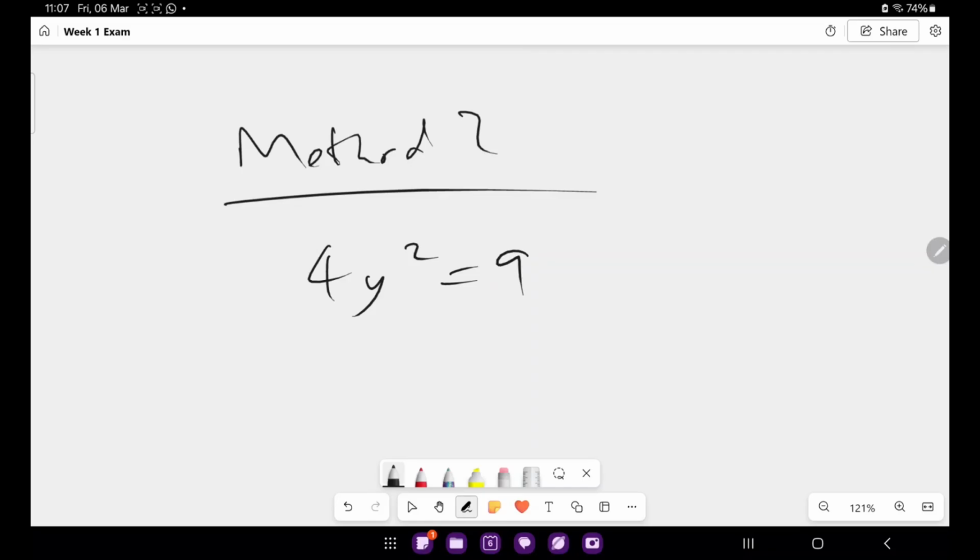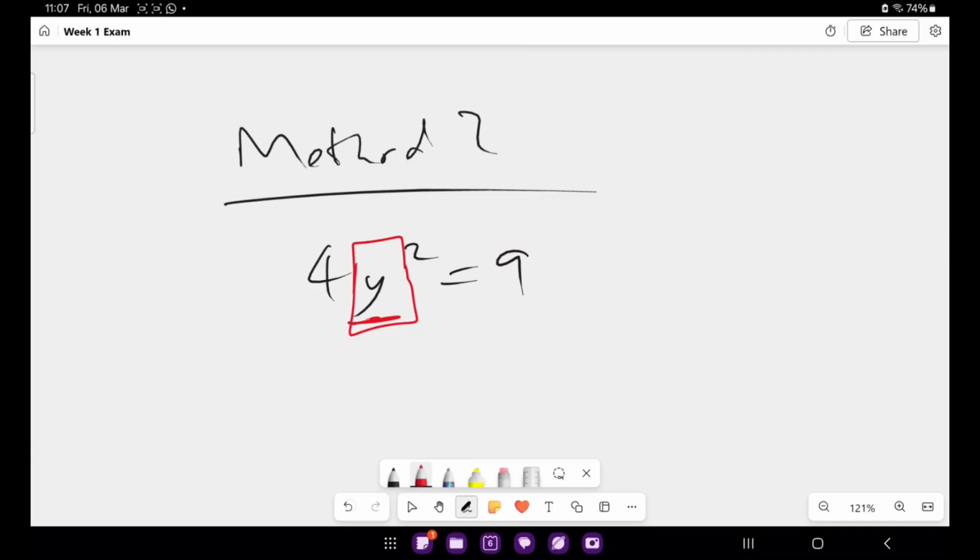So I tend to think in this way. When it's an equation, then I'm told to find y. I have to think, okay, how can I make y the subject of the formula? It doesn't always work, but in scenarios like this, whereby we only have one piece where there is y, I can actually make y the subject of the formula.